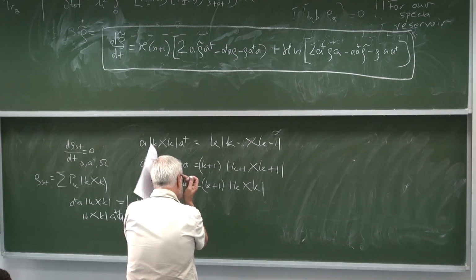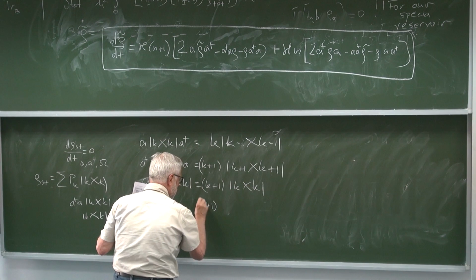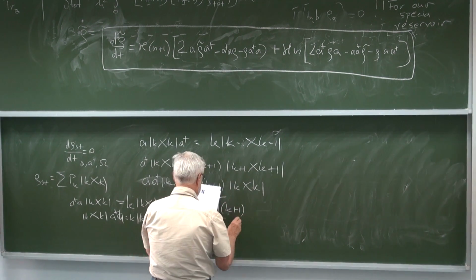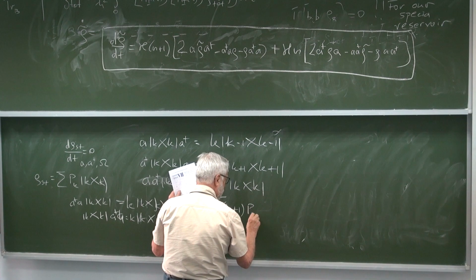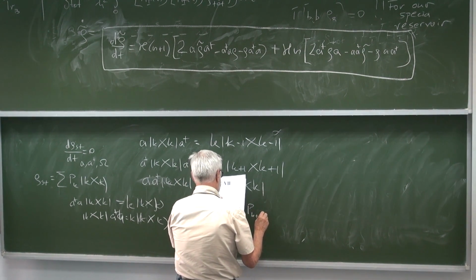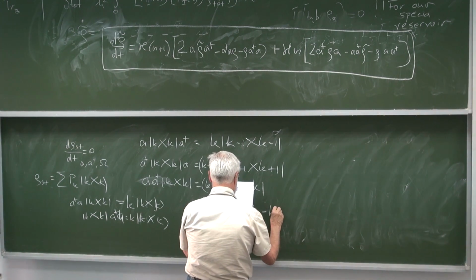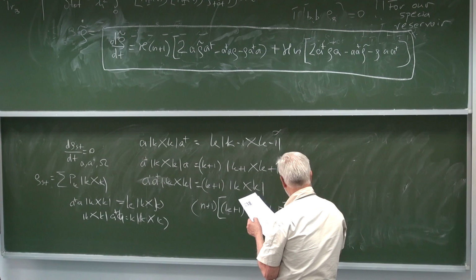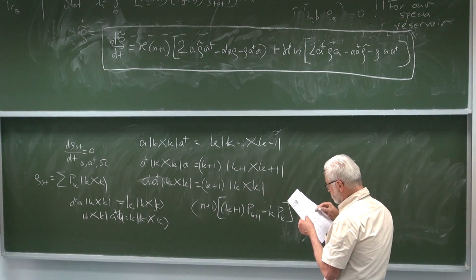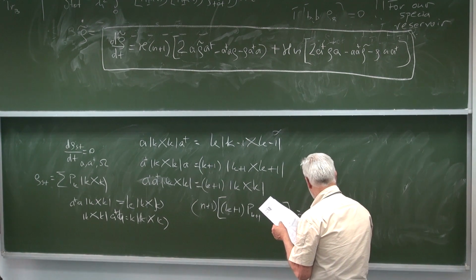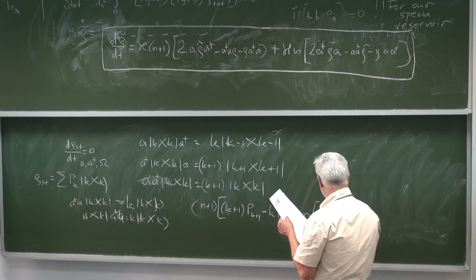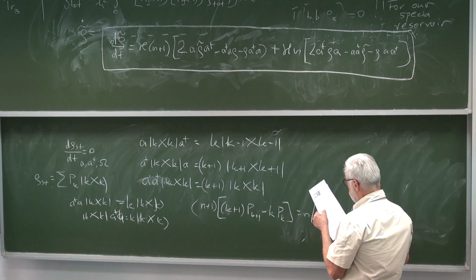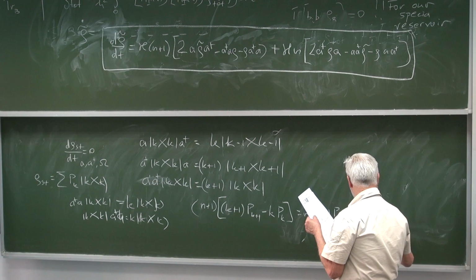And so the equation that I will get is the following: (n+1) times [(k+1) p_{k+1} - k p_k] is equal to n times [(k+1) p_k - k p_{k-1}].